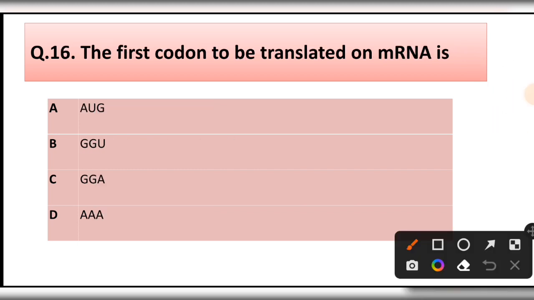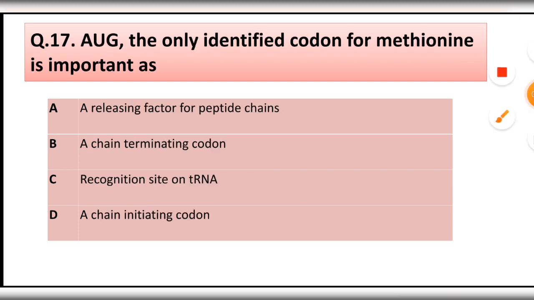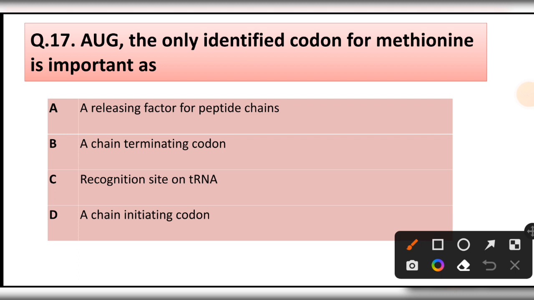16. The first codon to be translated on mRNA is AUG, GGU, GGA, AAA. Correct answer is option B, AUG. 17. AUG, the only identified codon for methionine, is important as a releasing factor for peptide chain, a chain terminating codon, recognition site on tRNA, a chain initiating codon.